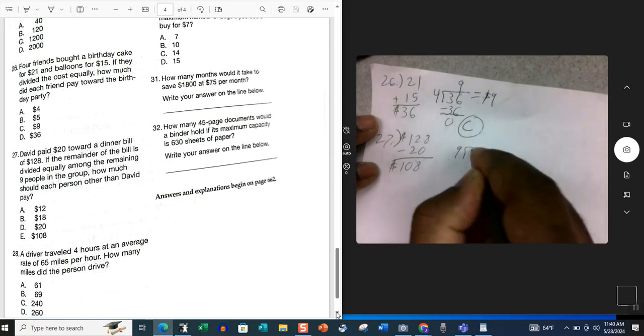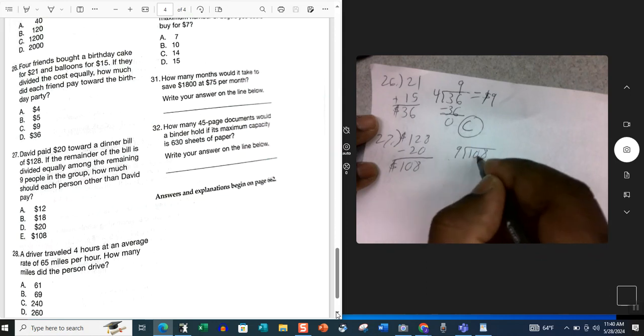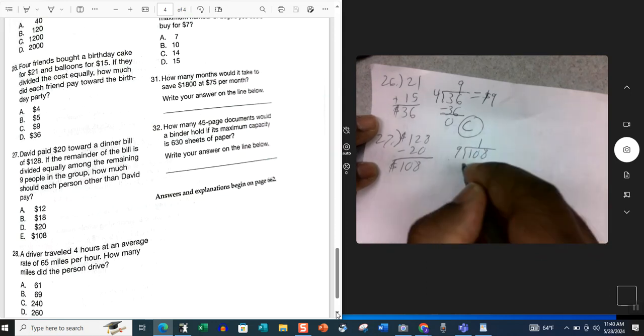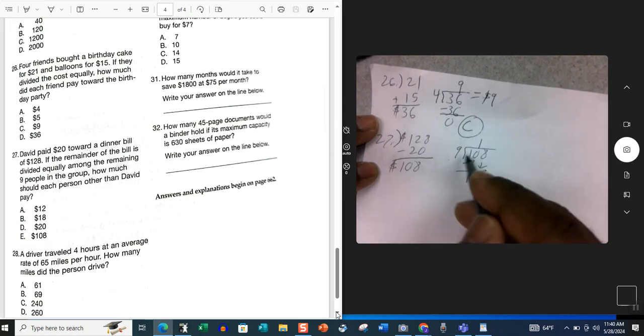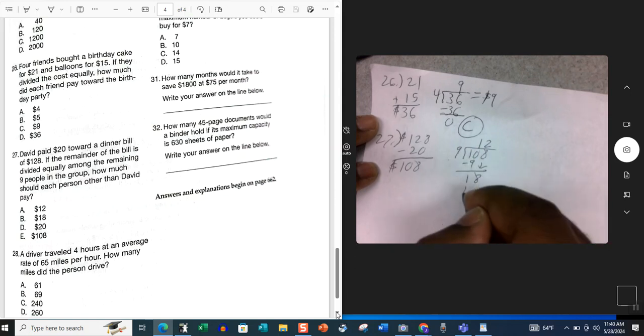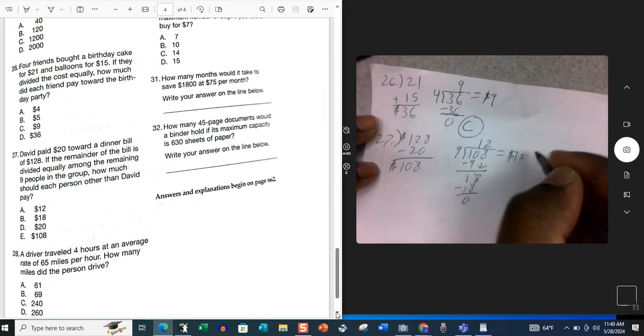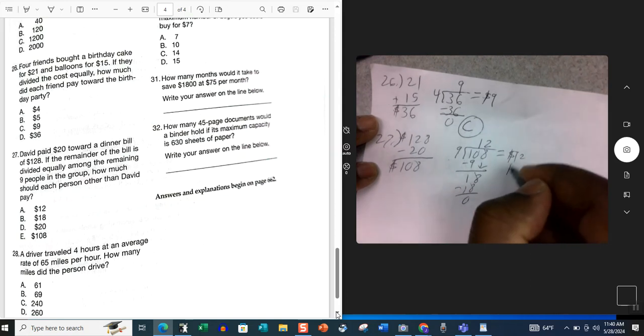So you would take 9 into 108. 9 goes into 1 0 times. 9 goes into 10 once. 10 minus 9 is 1. We'll bring down our 8. 9 goes into 18 twice. 2 times 9 is 18 with no remainder. So each person should pay $12 apiece, which is A.